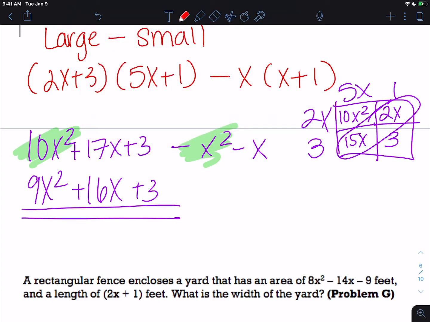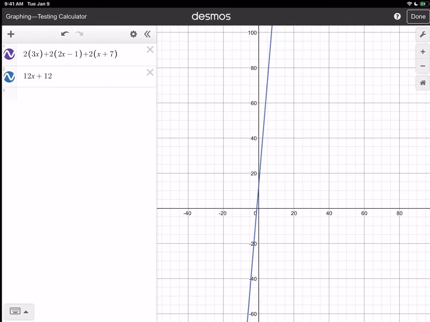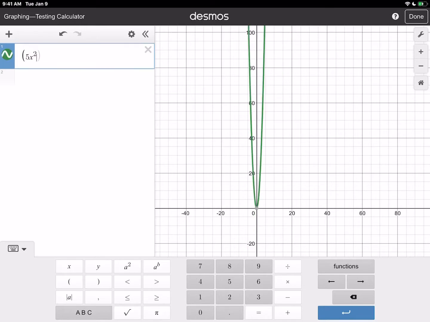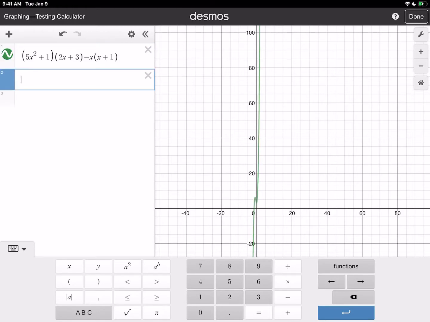Now, I could go ahead and verify this with my calculator, so I'm going to go ahead and do that. Okay, so now I have a graph. I'm going to type in my answer below to ensure that it is exactly the same.